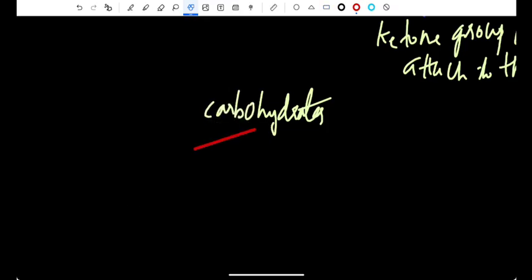The first classification is based on the number of sugars.